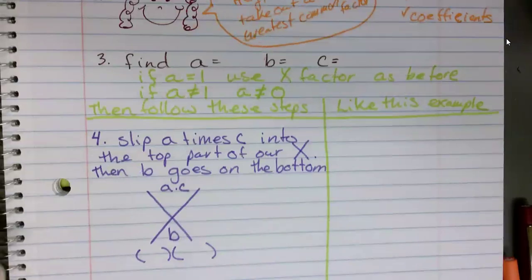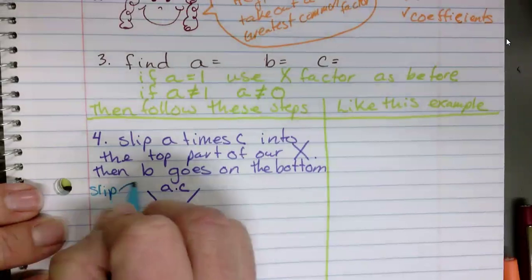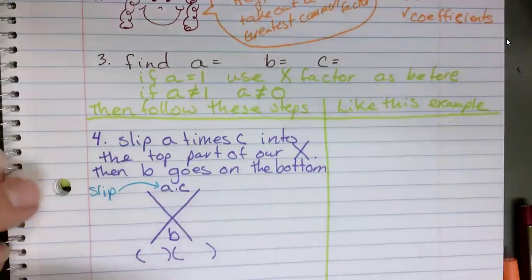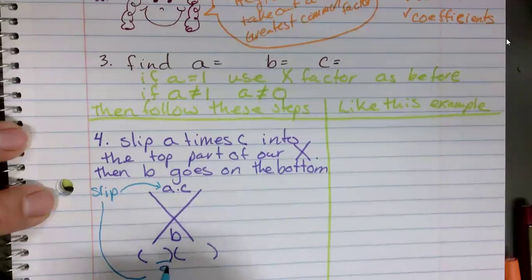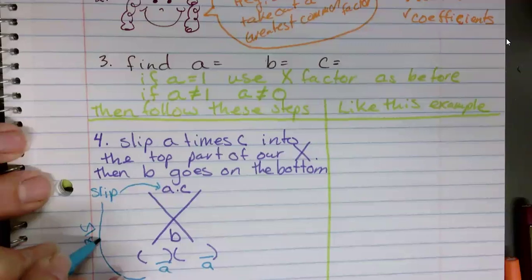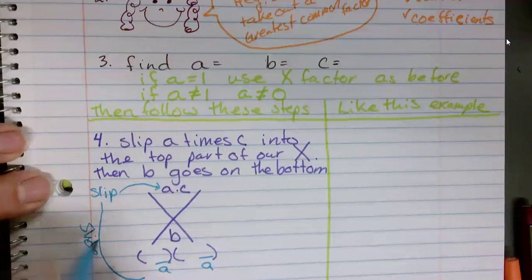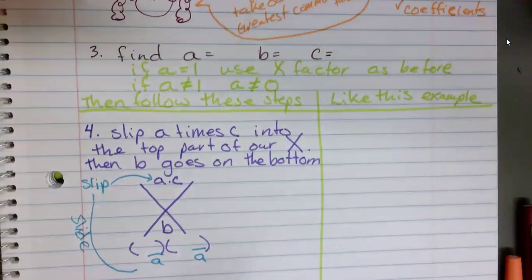I'm going to remind us of our slip and slide rule right here. Slip A there, and then we also need to slide A down here. The sliding of A down here will make a little more sense in a few minutes.